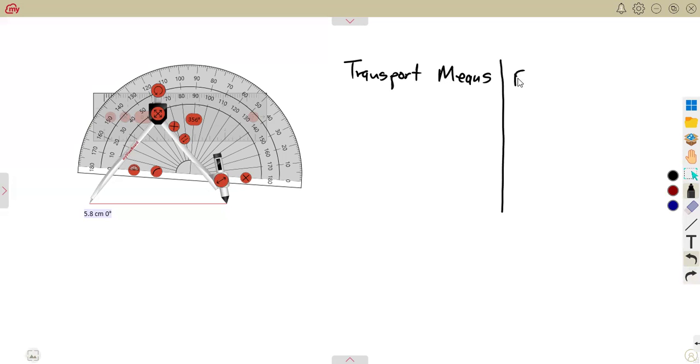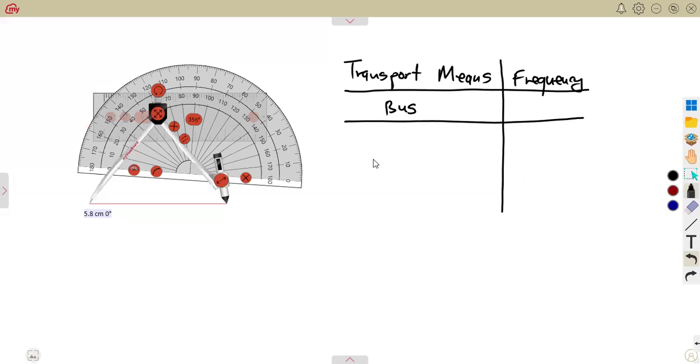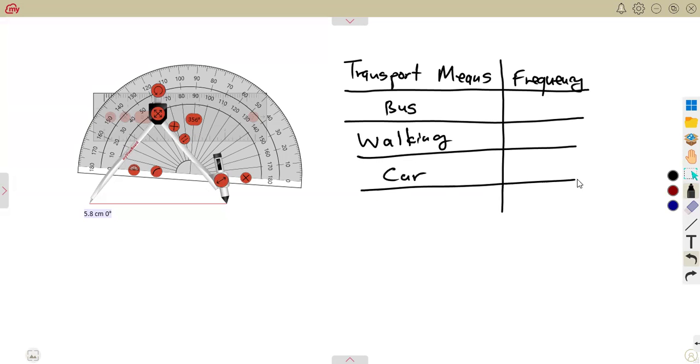Let's say we are given by bus, which is a mode of transport, by walking, by car, and also by bicycle, which are all to be considered.